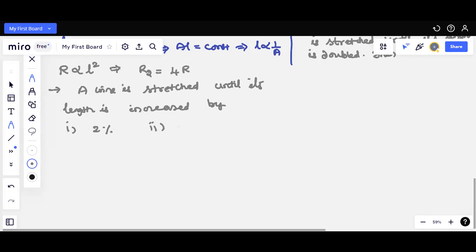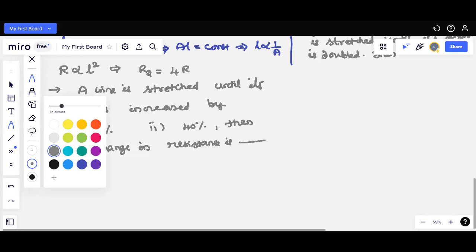Number 2, increased by 40%. Small percentage, big percentage. Okay, then the percentage change in resistance is, dash, in the 2 cases.